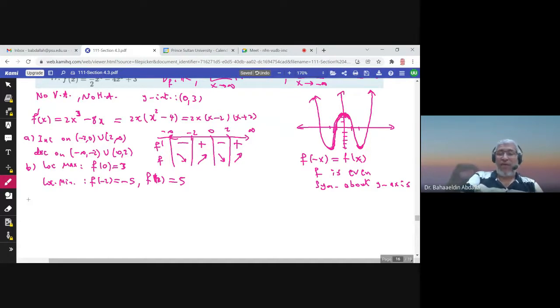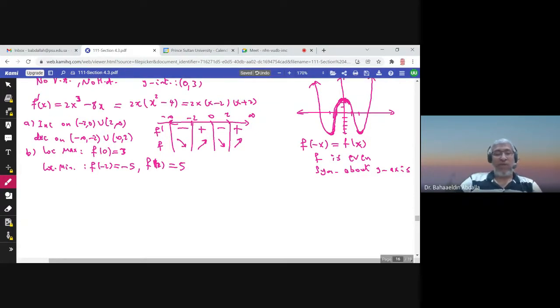So let us check more information. To find the intervals of concavity, concave up, concave down, inflection points, I need f double prime. f double prime, 2 times 3 is 6x squared minus 8. So x squared would be 8 over 6 or 4 over 3.